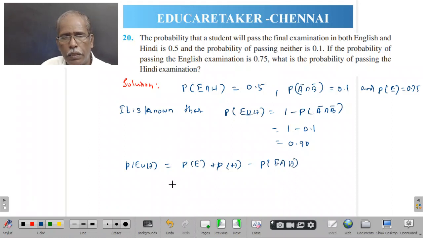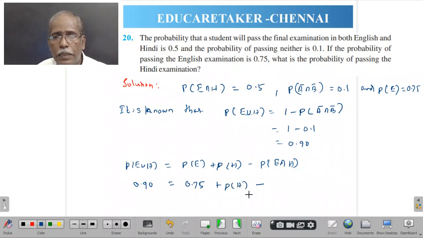All data is available except P of H. P of E union H equals 0.90, P of E is given 0.75, P of H is to be estimated, and P of E intersection H is given 0.5.